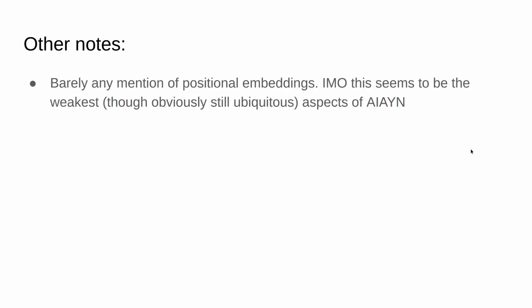Some other notes. They almost never mention positional embeddings, which I think is really interesting. This is probably a hot take, but obviously Attention Is All You Need is the most important paper. I could be really extreme with this, but it's an insanely important paper.